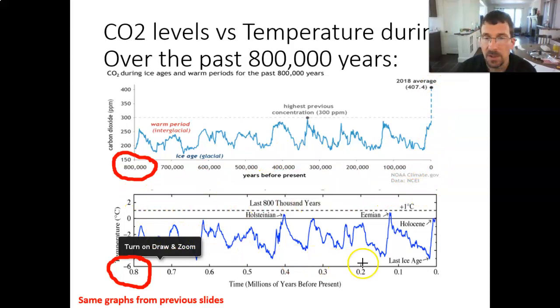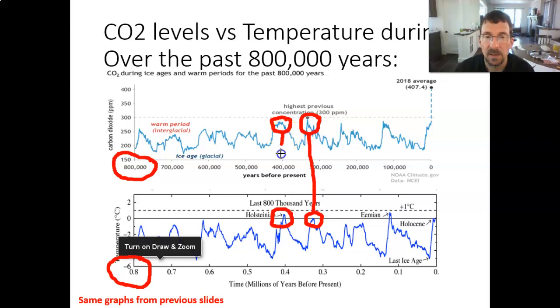And what I want to draw your attention to is what climate scientists and geologists noticed, that the peaks for a warming interglacial period during the Pleistocene correspond to peaks in carbon dioxide. So up at the top we've got carbon dioxide, on the bottom we've got temperature change. And we see that over and over again where the peaks match up.